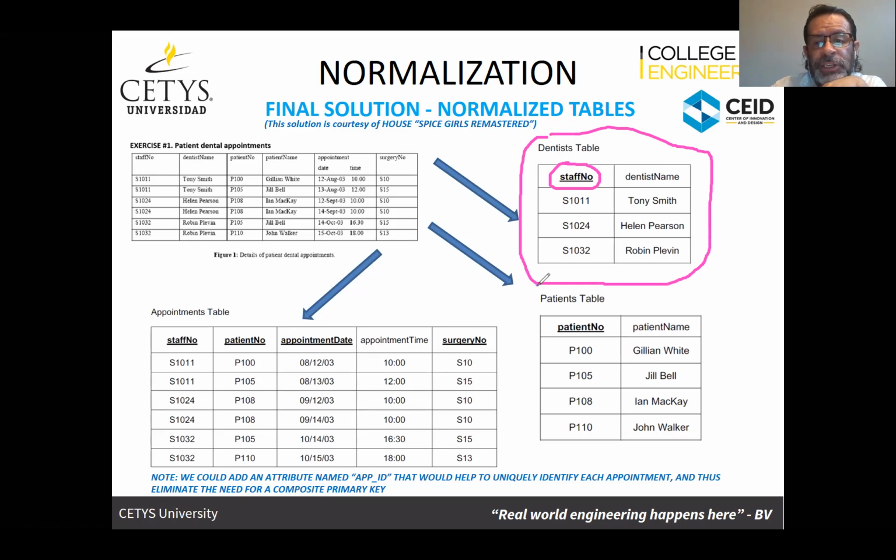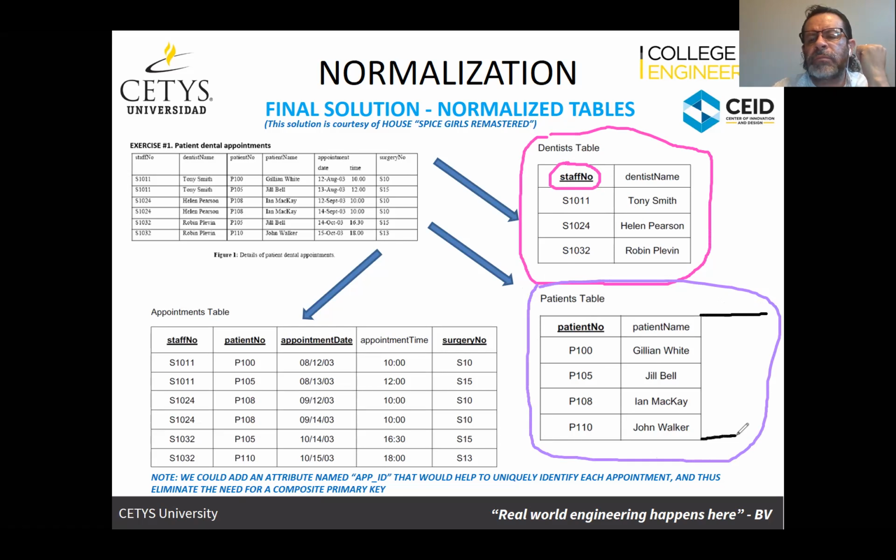Then we're going to have a patient's table. Here in the patient's table, we've got the patient name and the patient number. The patient number is going to be somehow the ID. We could add other fields here if we wanted. We could add maybe a field that would be the address.